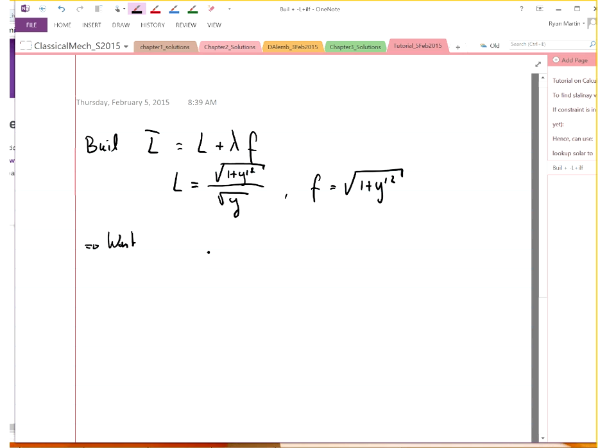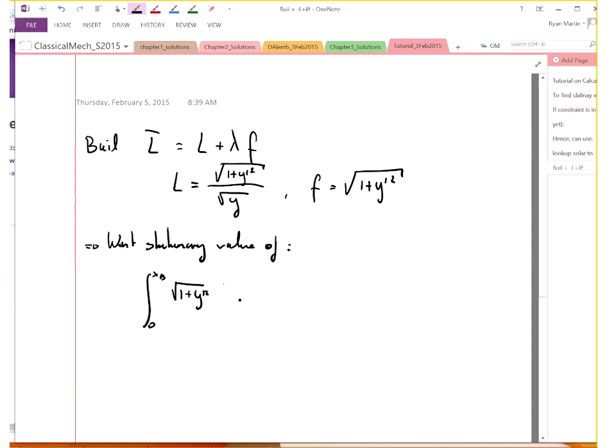So thus, we want a stationary value of the integral from 0 to xb of L, which was square root of 1 plus y prime squared over square root of y, plus lambda times f.